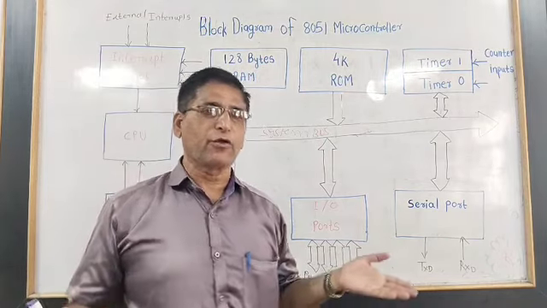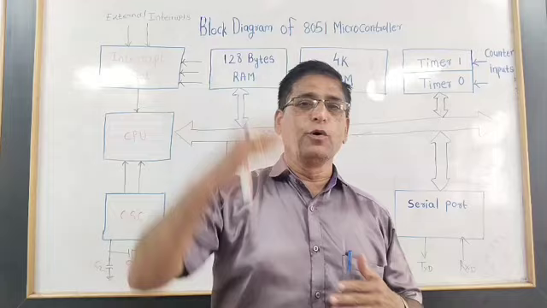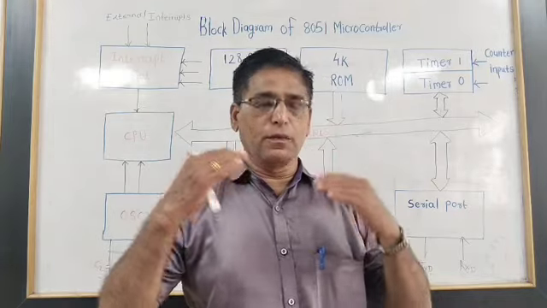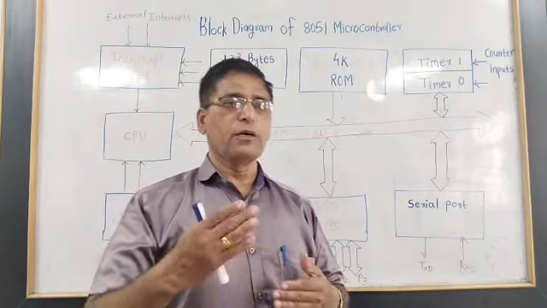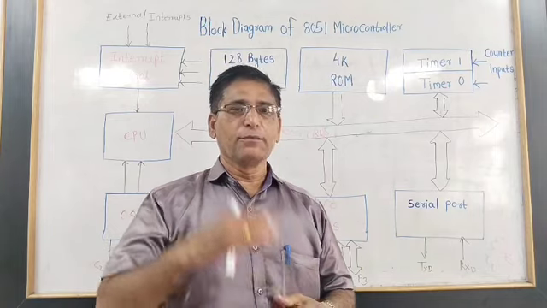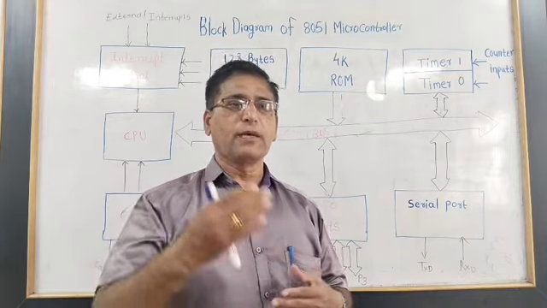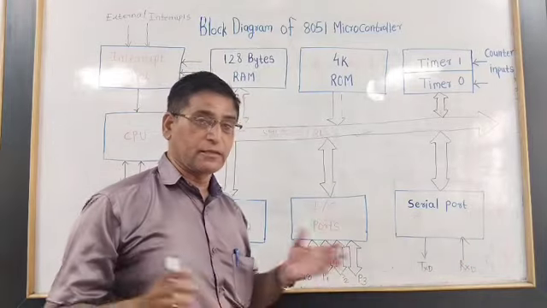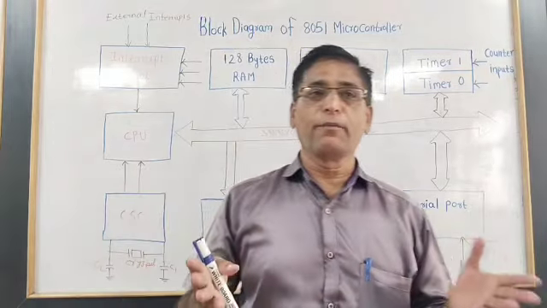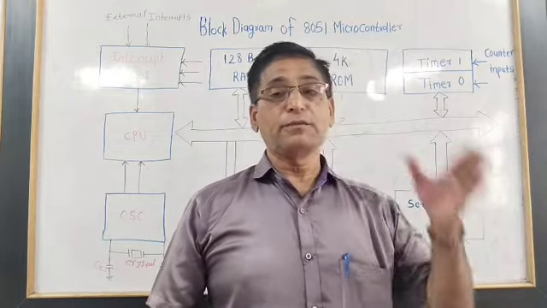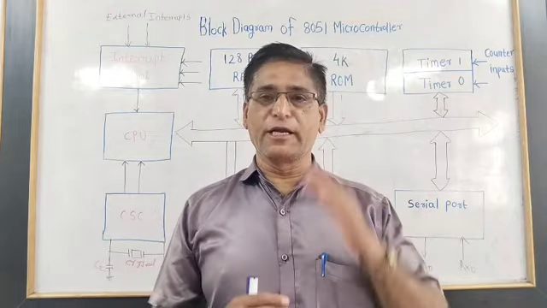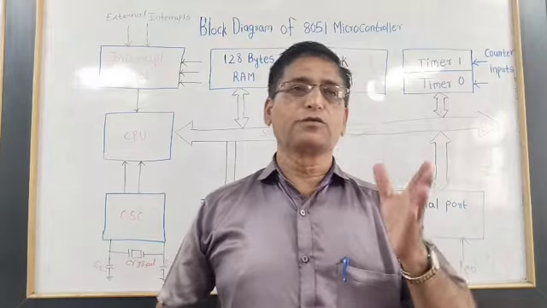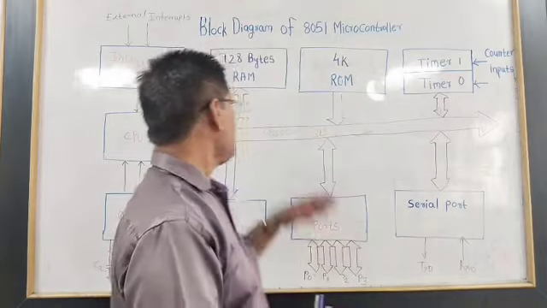This 128 bytes of RAM is again divided into special function registers, bit addressable RAM as well as register banks. It has 4 banks, that is bank 0, bank 1, bank 2 and bank 3. Each bank consists of a total of 8 registers, that is from R0 to R7.